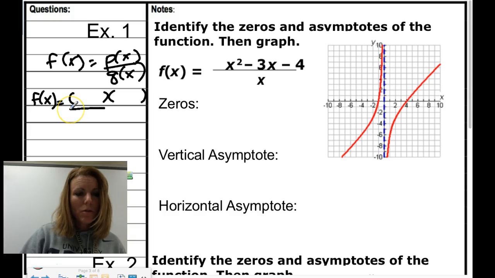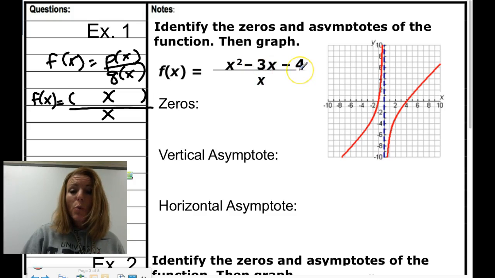All over x. Remember, when we factor, there is no greatest common factor here. So what multiplies to -4 and adds to -3? Well, we know we need an x, and we know we need an x. I could do 2 and 2, but that will never add or subtract to 3.